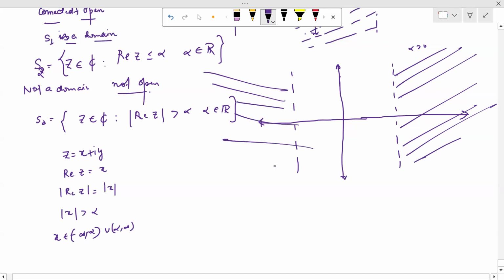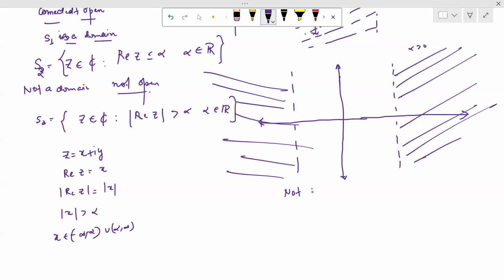Okay, is that clear? Now the point is this: both of these regions are open, being unions of open intervals. But the point is that this is not connected.